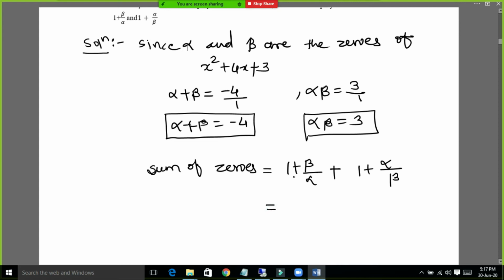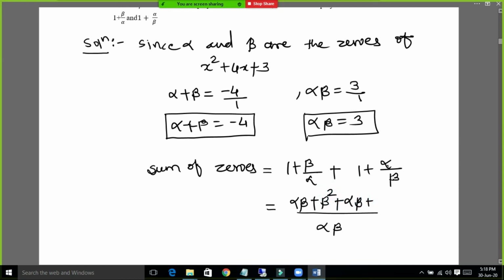Now this 1 plus beta by alpha plus 1 plus alpha by beta. Now obviously in the denominator we have alpha and beta, so LCM is alpha beta. So 1 into alpha beta, that is alpha beta, plus beta is having alpha, so we multiply with only beta, so beta into beta, beta square, plus 1 again multiply with alpha beta.